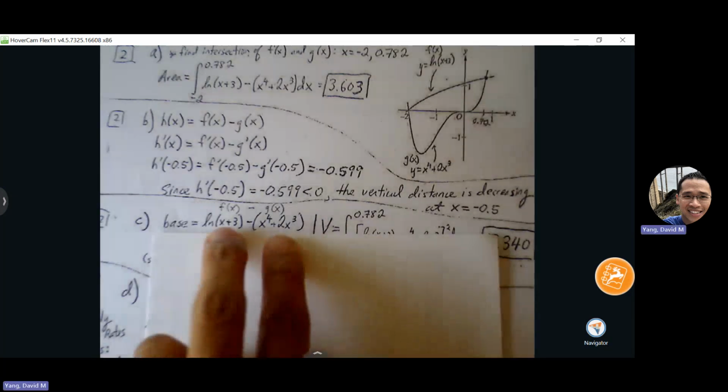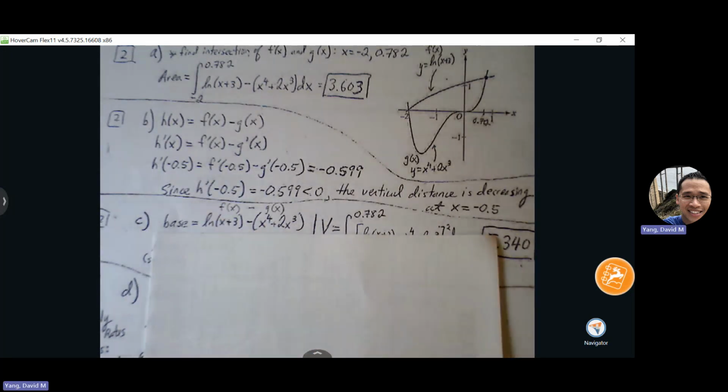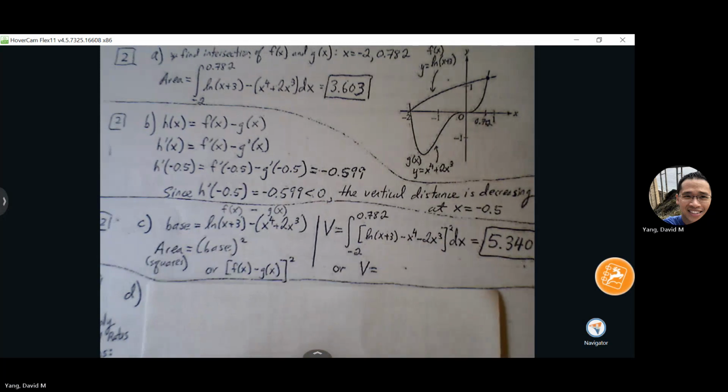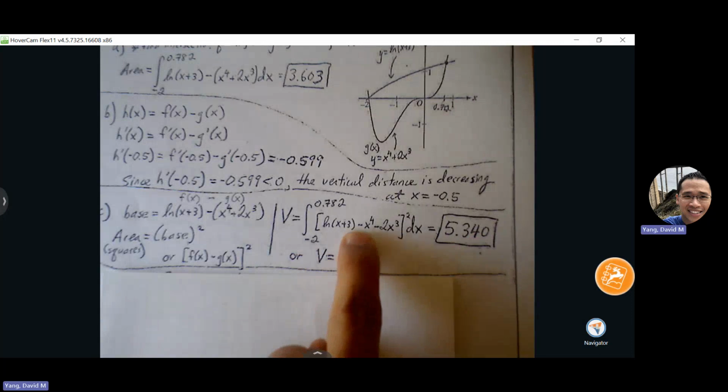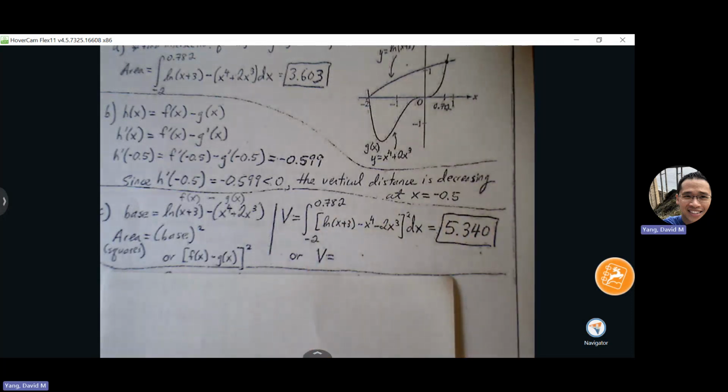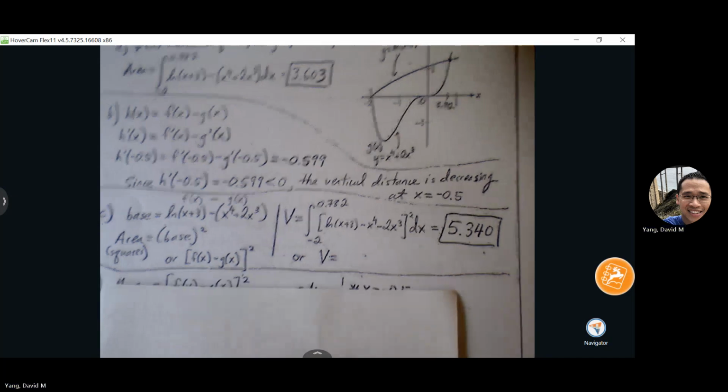And once we get our base length, we know that we're going to build squares. So the formula for squares is base squared. And once we have our area formula, base squared, we put the integral around it to give it that third dimension. And then the rest is the calculator work.